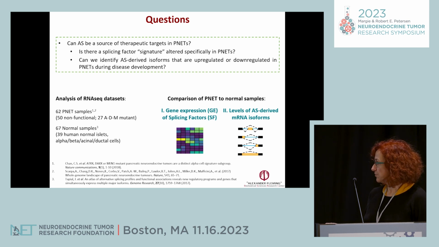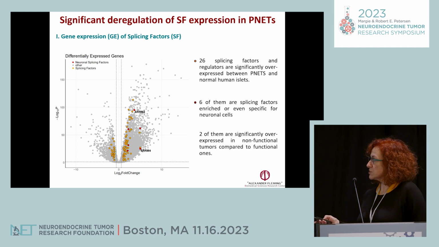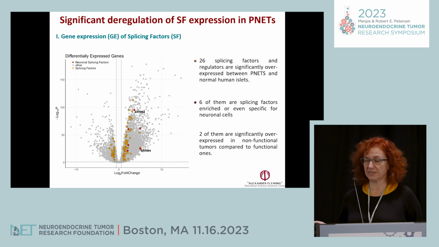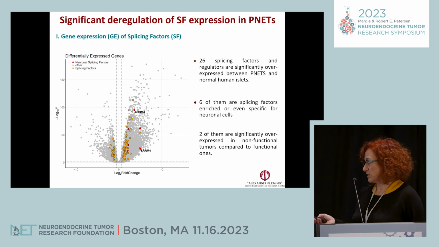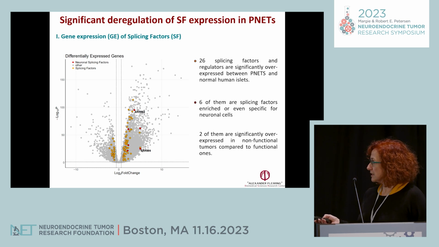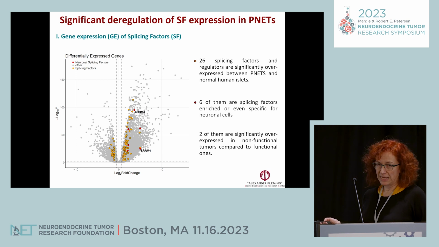So for the first part, regarding gene expression analysis of splicing factors, of course, we could detect a large number of splicing factors being deregulated. And with quite stringent thresholds, we could detect 26 splicing factors being overexpressed significantly in PNETs compared to normal human islets.